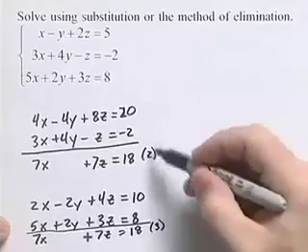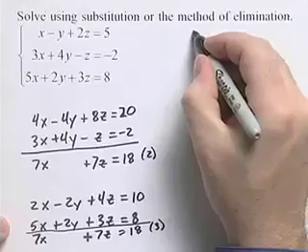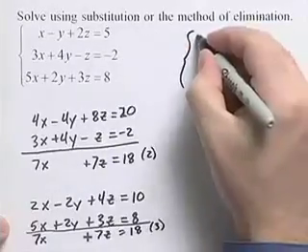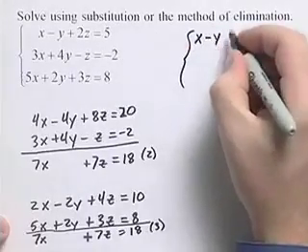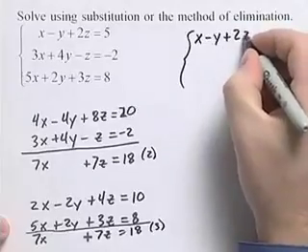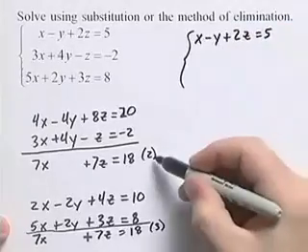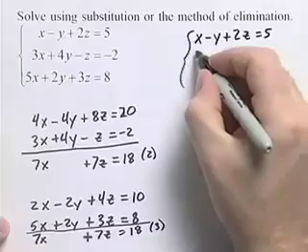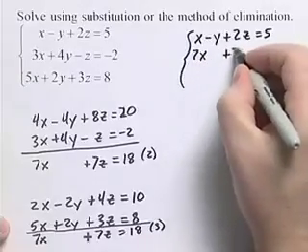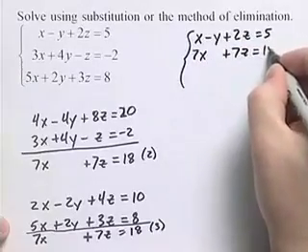Let's rewrite our system first. We keep our original equation, x minus y plus 2z equals 5. Rewrite our second equation now, calling this 7x plus 7z equals 18.